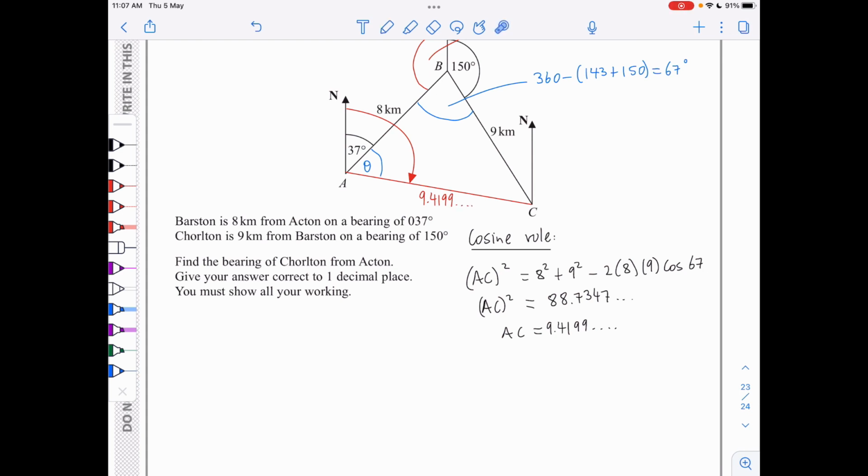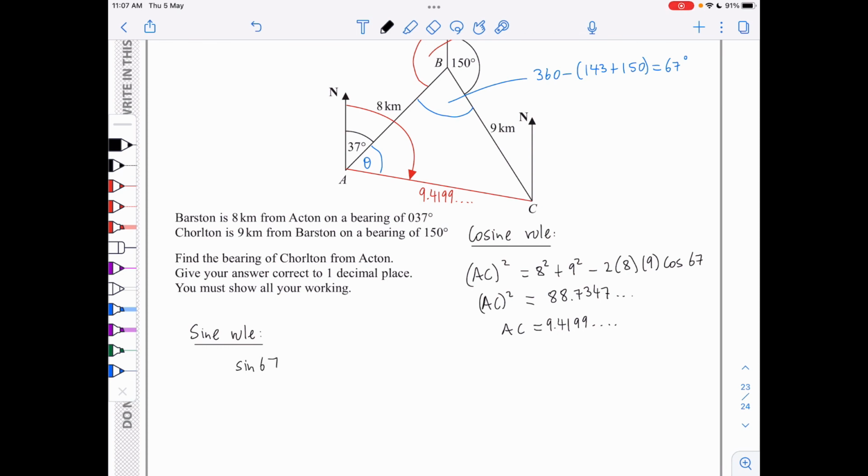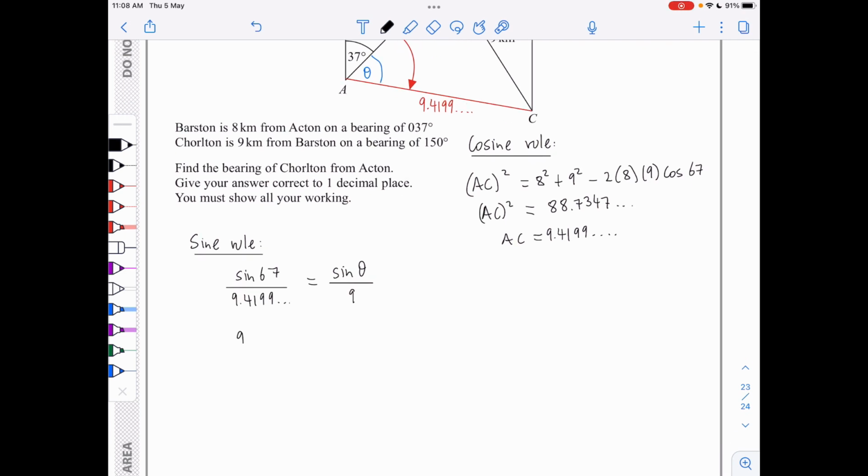So I will now use sine rule, theta with 9 and 67 with 9.4199. So sine rule now will give me that sine of 67 over what I got for AC, 9.4199, is equal to sine of theta over 9. I will cross multiply: 9 sine 67 over 9.4199 is sine theta.